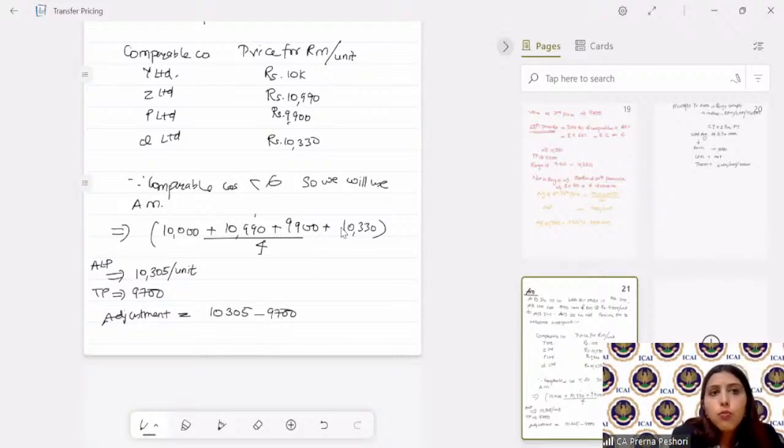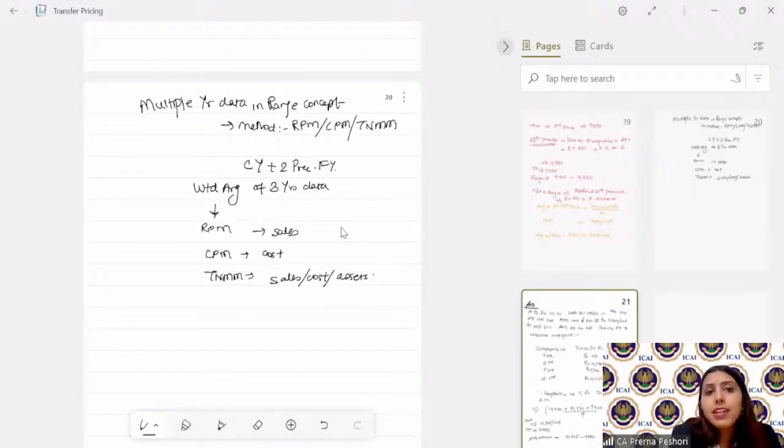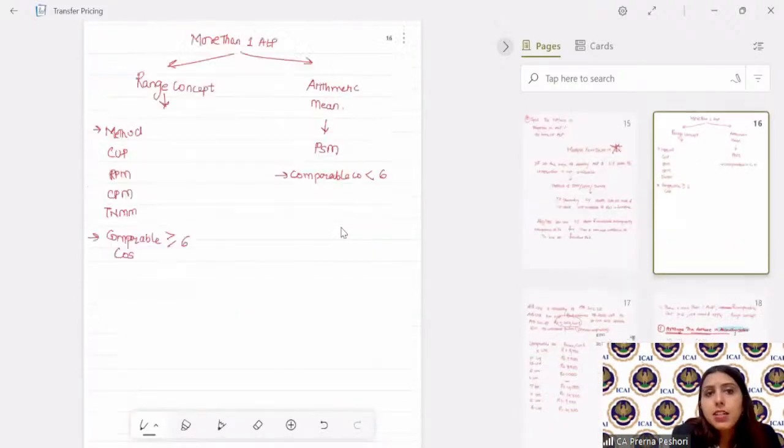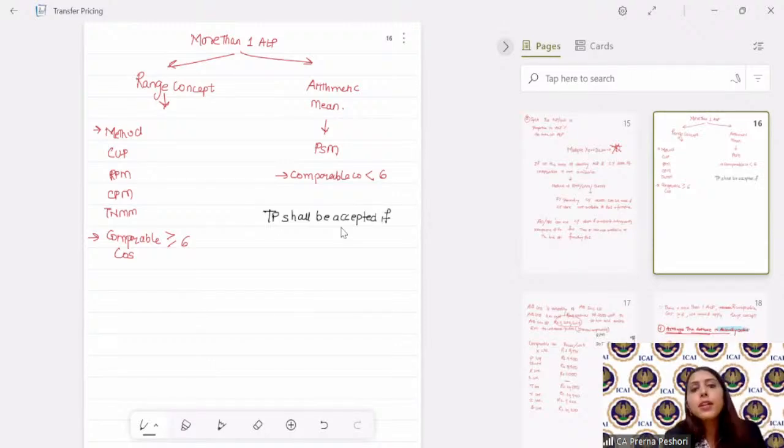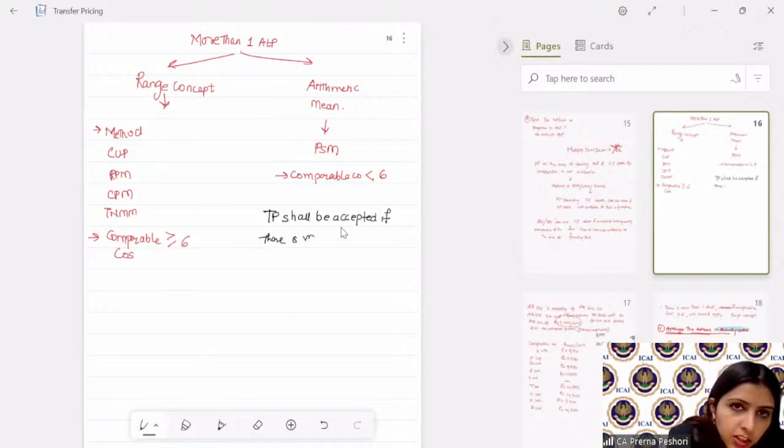For that, we have one condition. So what the Income Tax Act has said is that the transfer price shall be accepted if, for arithmetic mean also, they have given some range. And what is that range? They have said that transfer price addition will not be made and the transfer price shall be accepted if there is a variation of 3% of transfer price.